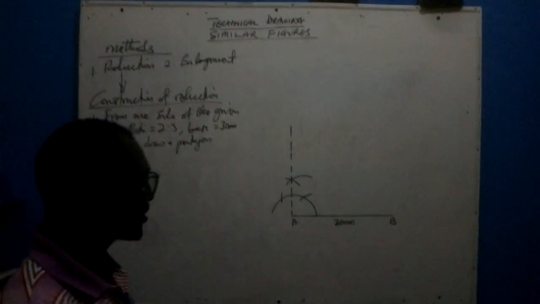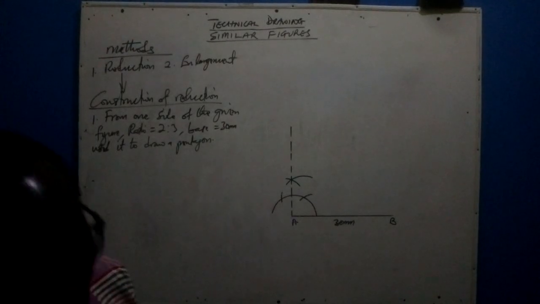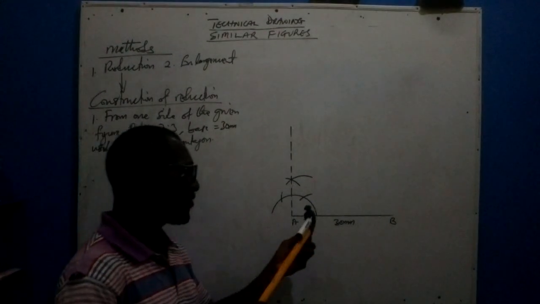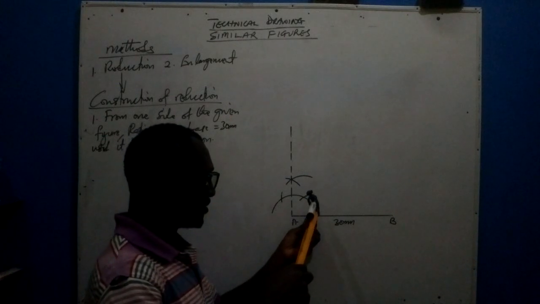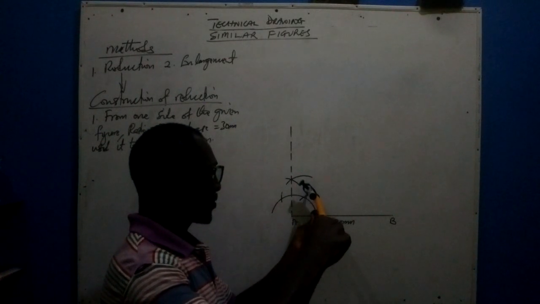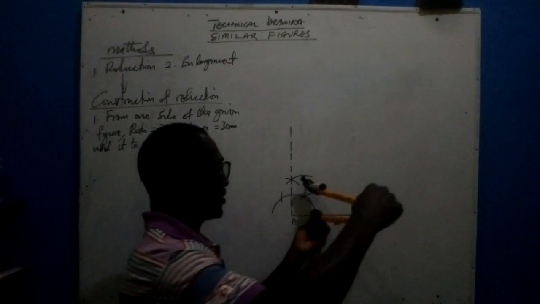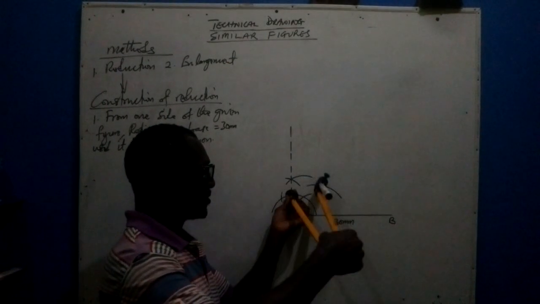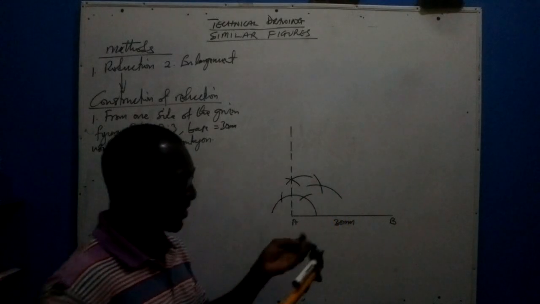I use short dashes to represent the 90 degrees because it's not part of what we want. Now I'm going to construct the 45 degrees. I open, then draw my arc, stand on the 90, draw my arc.